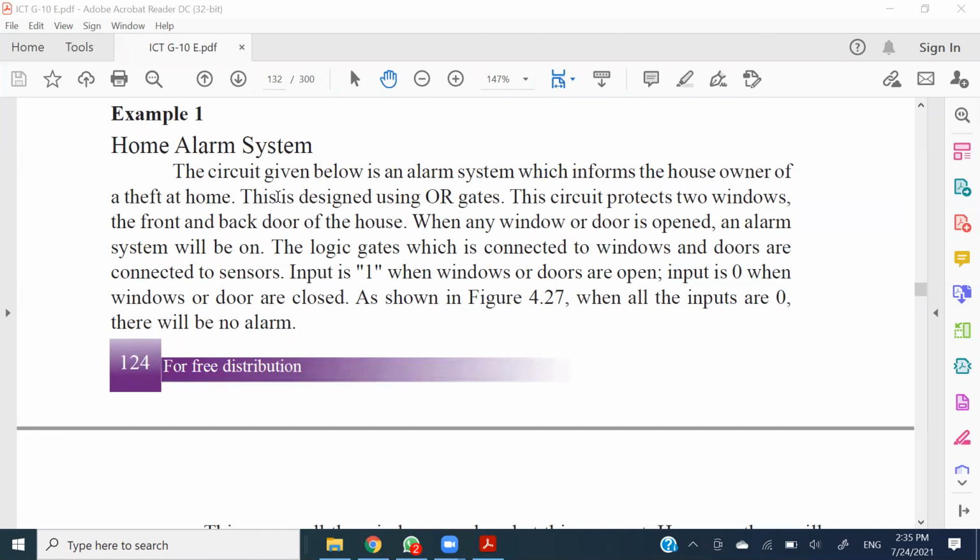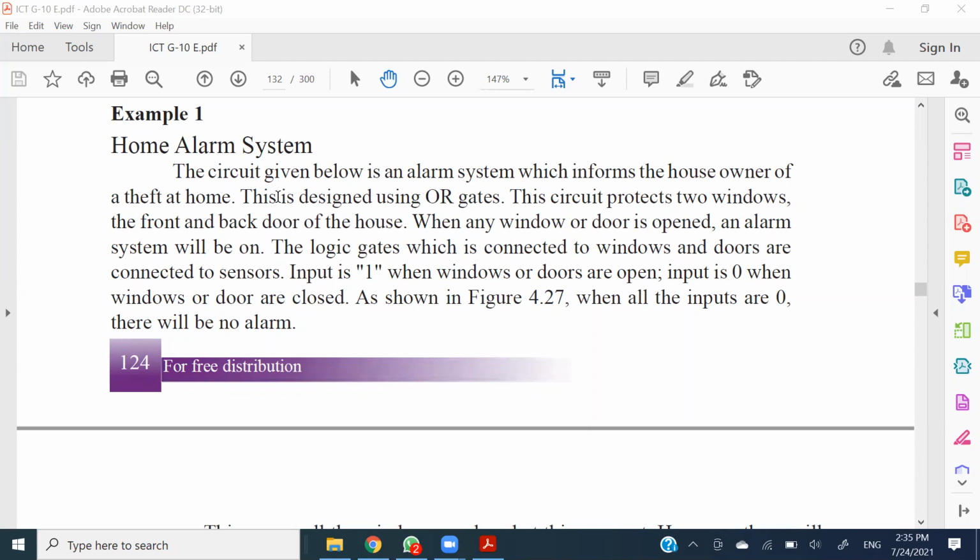All right, so this is the example we were discussing last week at the very end of the session. We get to know that there is a requirement of creating a circuit for a particular home. The requirement is that there are two doors and two windows, and they need to ring an alarm or buzz an alarm during a theft.